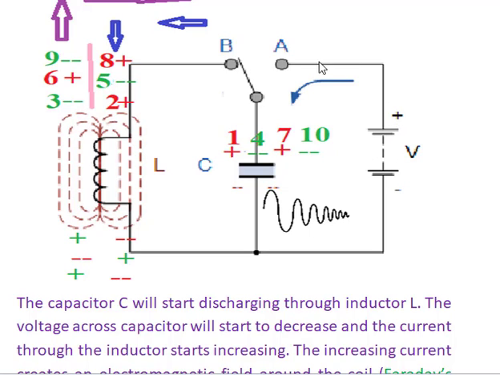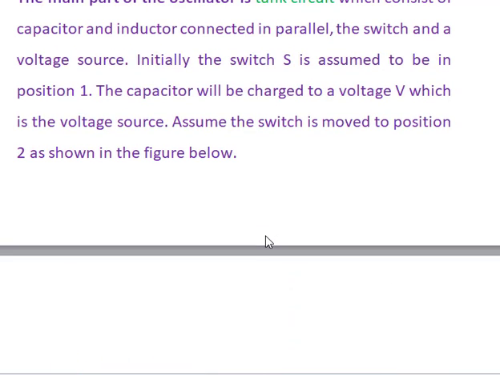This voltage passes through and charges the capacitor. The negative voltage is coming here, so here plus, here minus. It charges the capacitor fully.